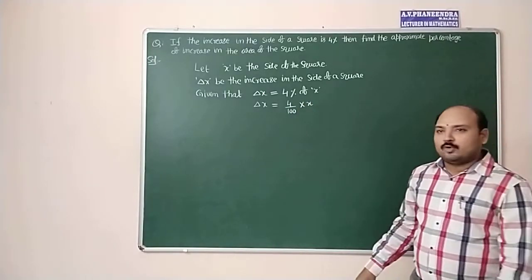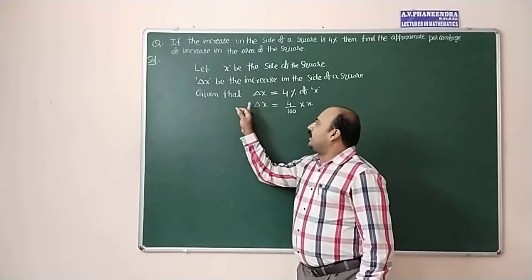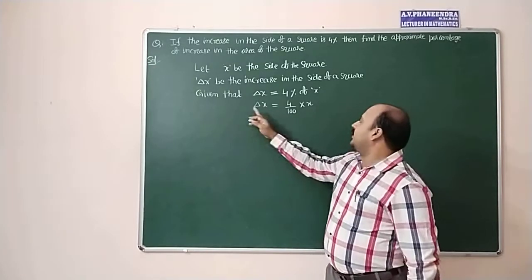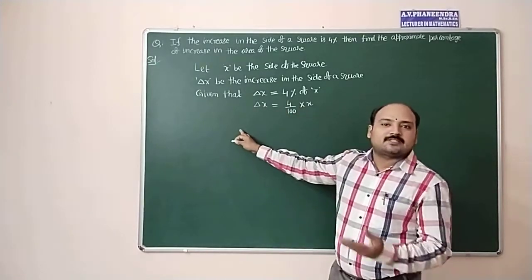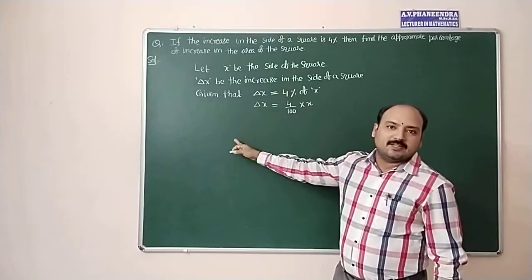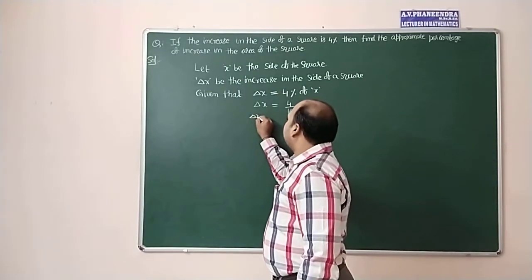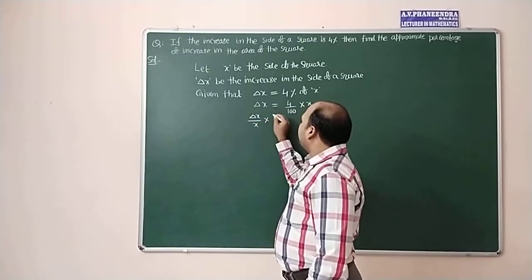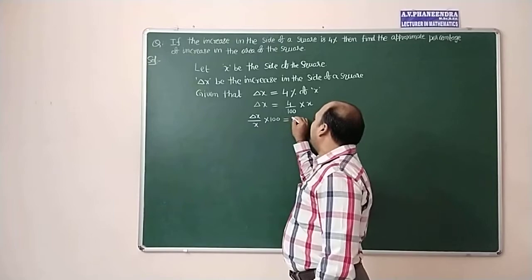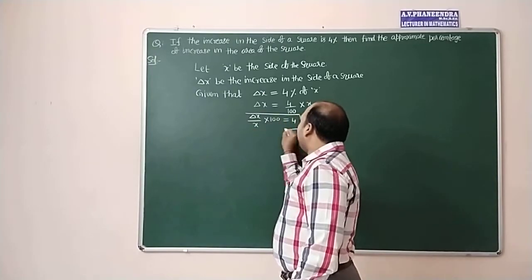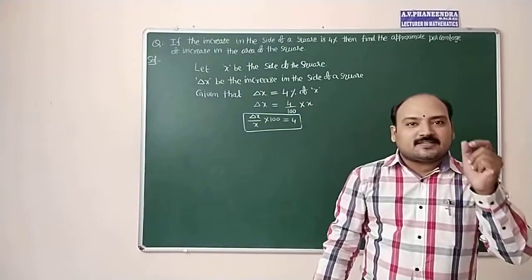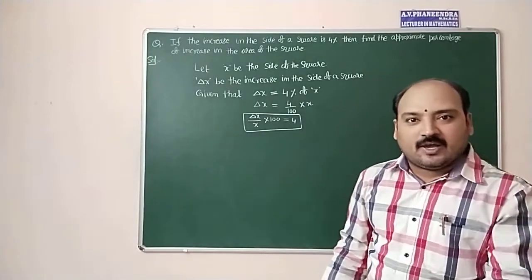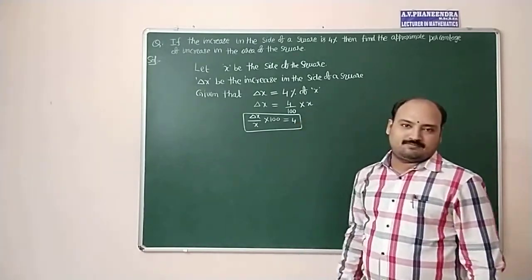From that, I am taking 100 to the left-hand side, and x also, except 4 the remaining terms we are taking to this side. So delta x divided by x into 100 is equal to 4. That means indirectly the percentage increase in the side of the square is given as 4.